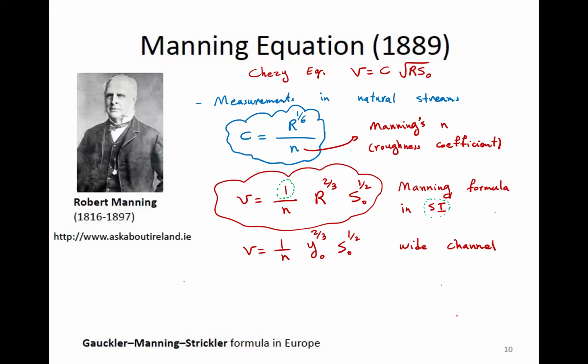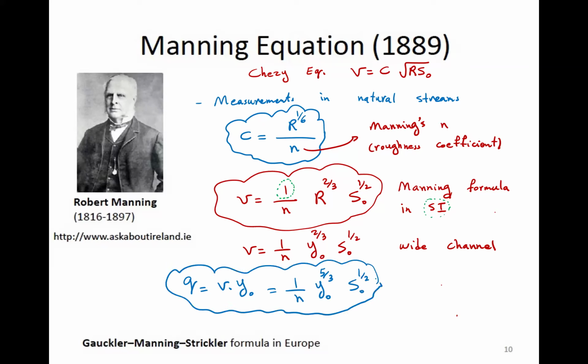Now, if we take V and multiply it by depth, we get unit discharge, and it will be equal to 1 over n, y naught raised to 5/3, S naught raised to 1/2.